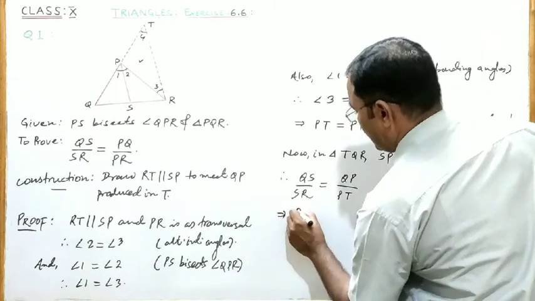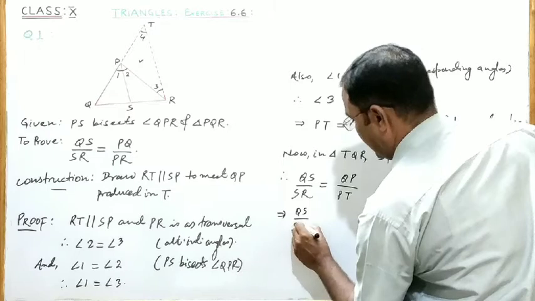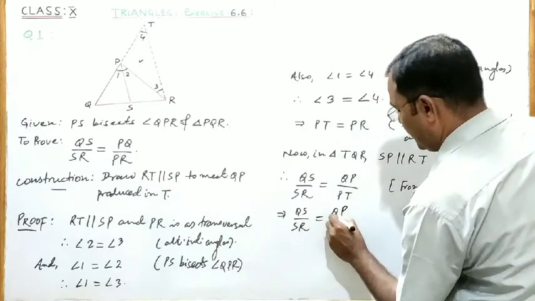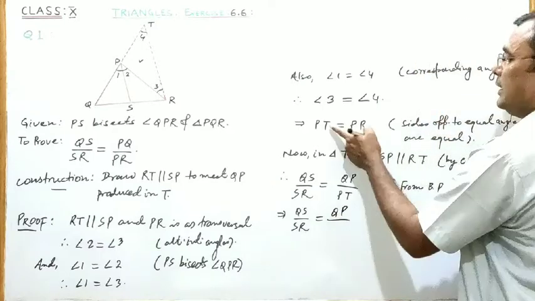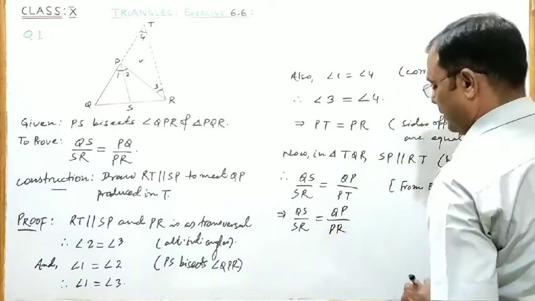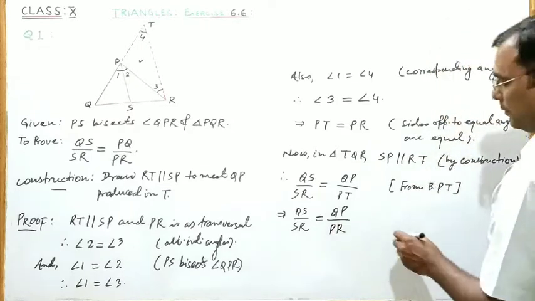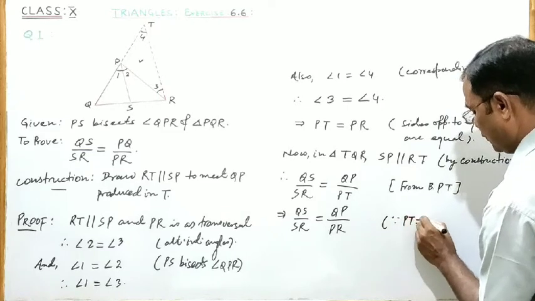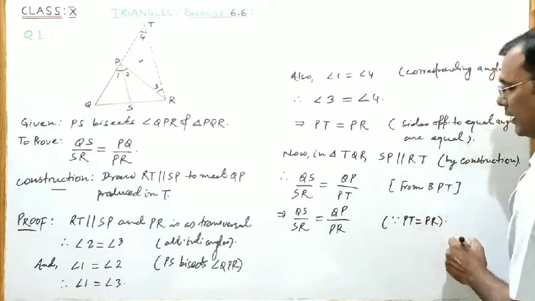This implies QS by SR is equal to QP by PT, which is equal to QP by PR, because PT is equal to PR.